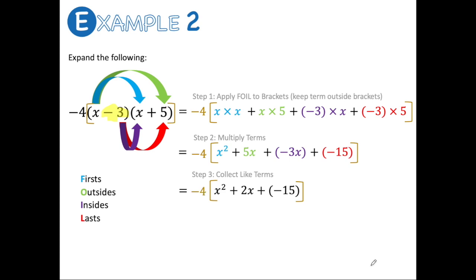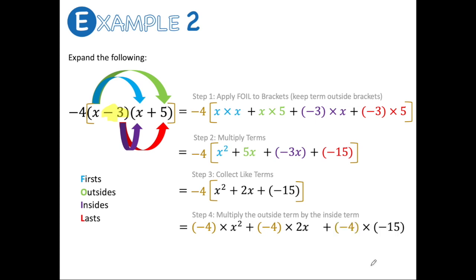So now that I've completed the expansion of the double set of brackets, I can multiply my terms inside the bracket by negative 4 on the outside. So that is going to be negative 4 times x squared plus negative 4 times 2x plus negative 4 times negative 15.